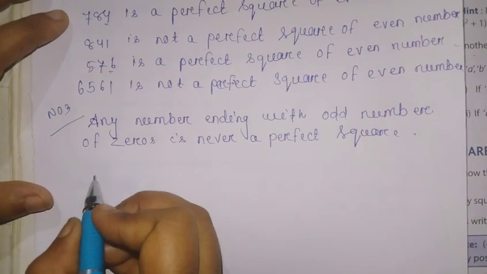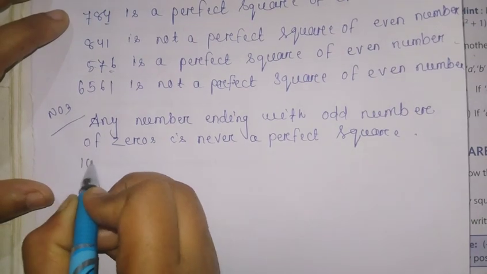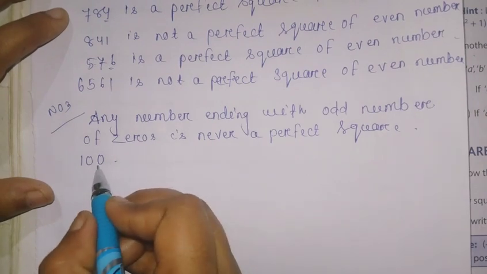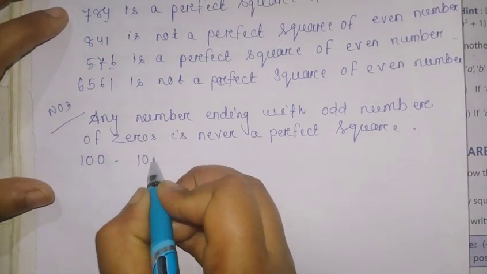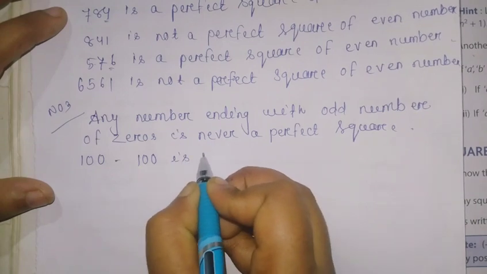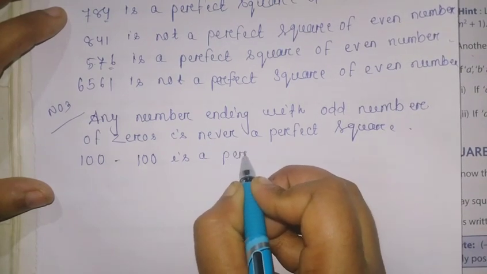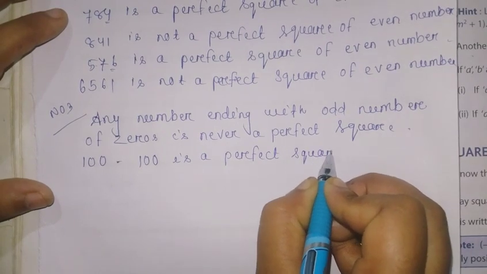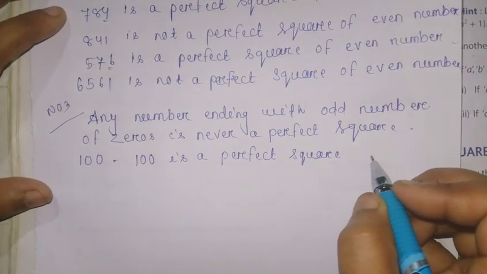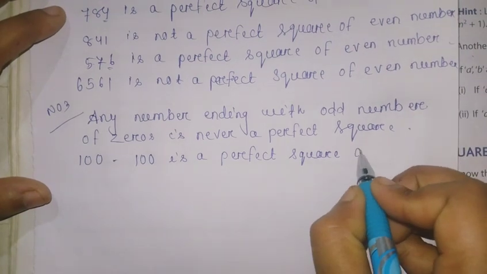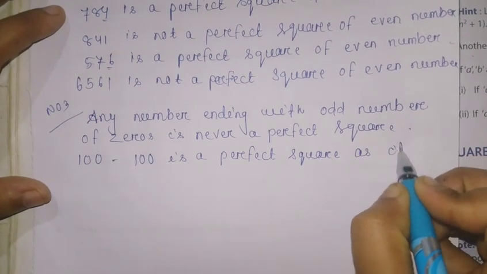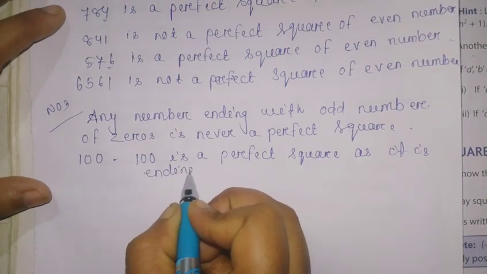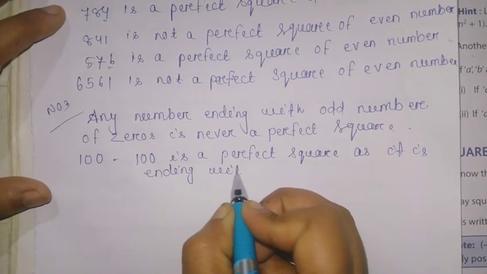First is 100. 100 is a perfect square, as it is ending with even zeros.